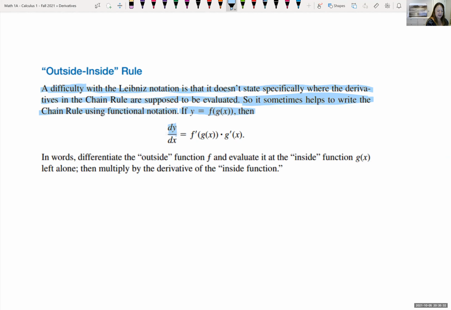Then dy/dx, the derivative of y with respect to x, is equal to f prime of g of x times g prime of x. So in words, we differentiate the outer function and evaluate it at the inside function, g of x left alone, and then multiply it by the derivative of the inside function.